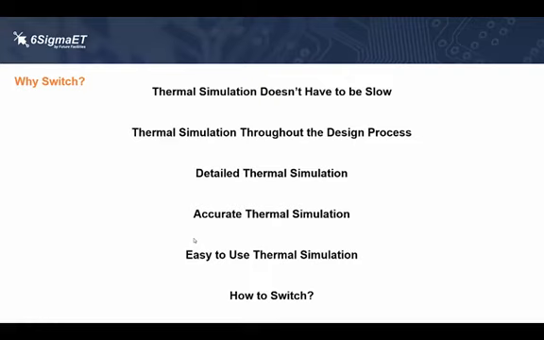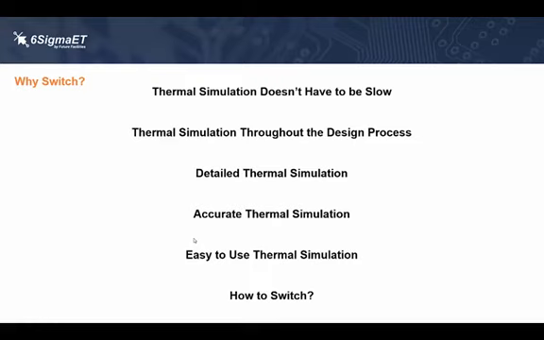We'll talk a little bit more about that, how 6SigmaET can be used throughout the design process, how we can do really detailed thermal simulation, how we check that 6SigmaET is accurate so you get results that you can rely on, how easy it is to use 6SigmaET, and importantly, if you decided you'd like to switch and try 6SigmaET, how to switch from another product to 6SigmaET.